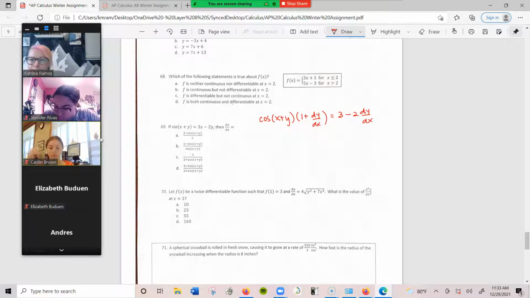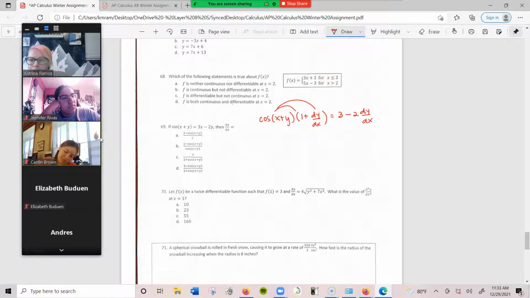Same situation here as the last one. We can't isolate the dy dx from this side because of that 1 that's there. So I'm going to distribute the cosine.